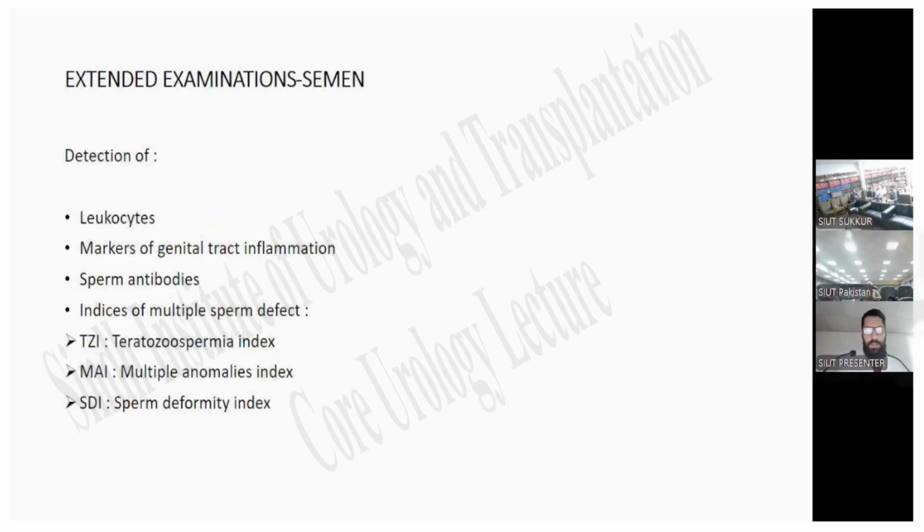The extended examinations of semen include detection of leukocytes and markers of genital tract inflammation, sperm autoantibodies, and the indices of multiple sperm defects. The indices of multiple sperm defects include the teratozoospermia index, multiple anomalies index, or sperm deformity index.